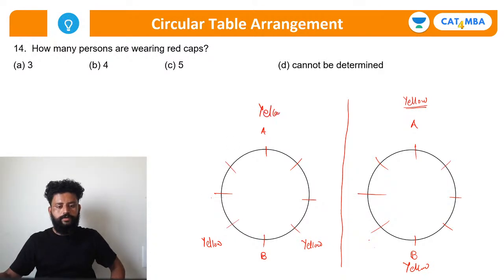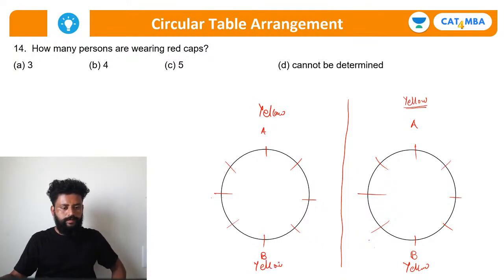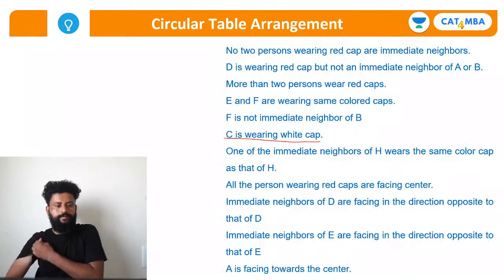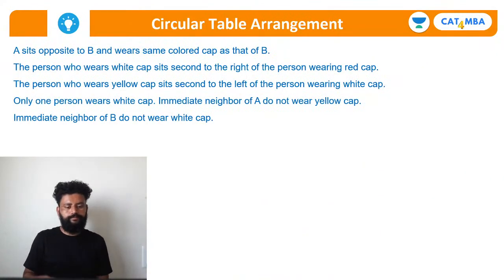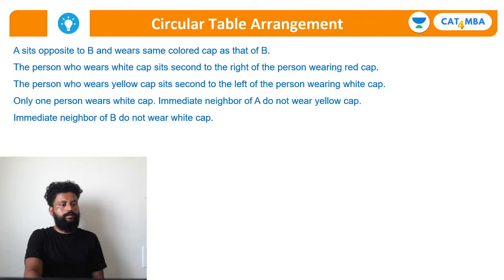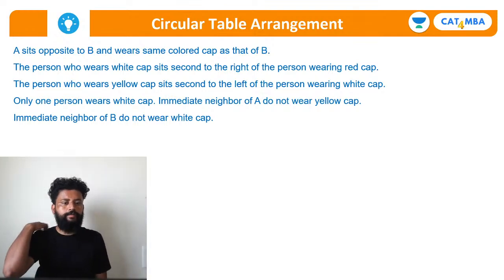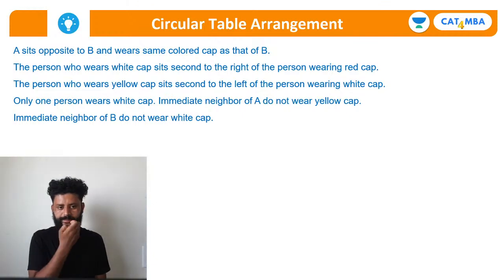This must be yellow, this must be, okay. The immediate neighbor of A do not wear yellow, means it should be white or red, और दोनों red भी हो सकते हैं. Then A sits opposite to B and same cap.